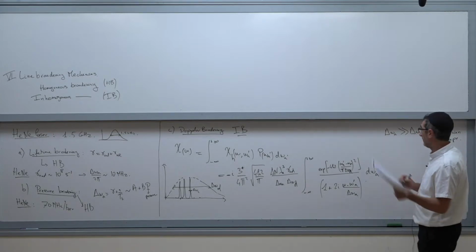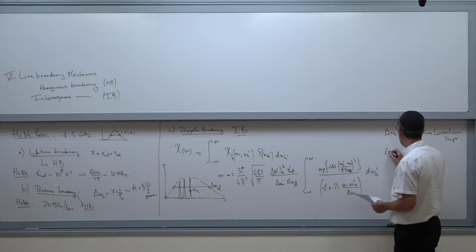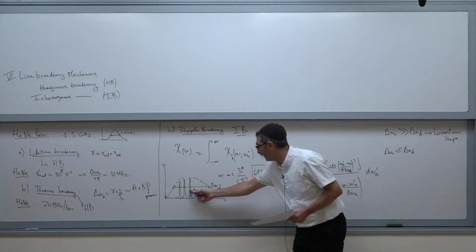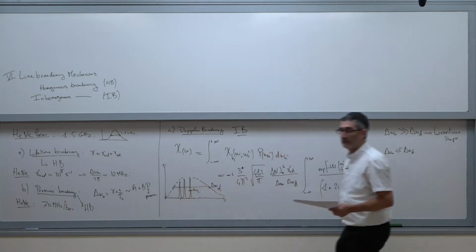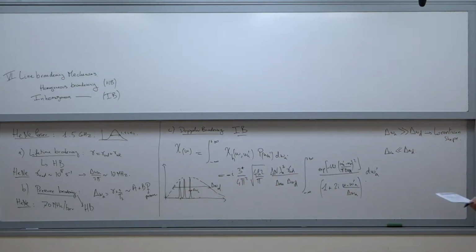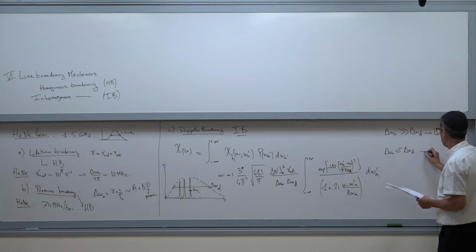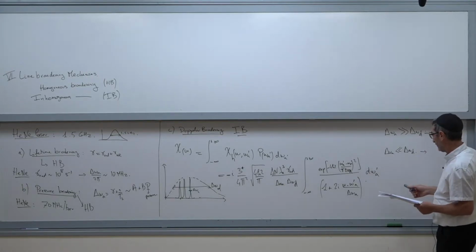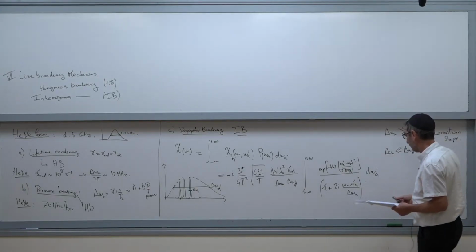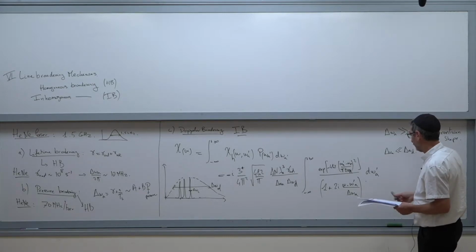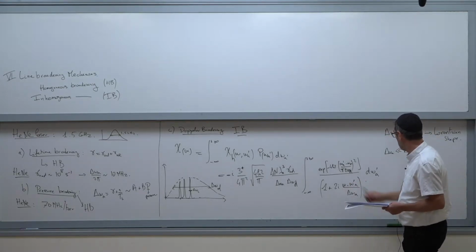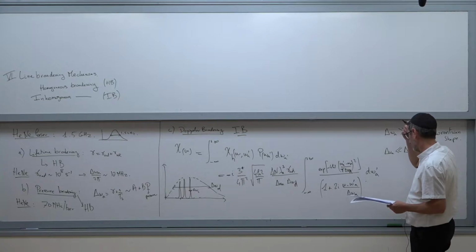And if you look at the other extreme, delta omega A much smaller than delta omega D. So this is what I draw here. You see a small delta omega A compared to the delta omega D here. So in that case, if you look here, this term will go to zero actually.